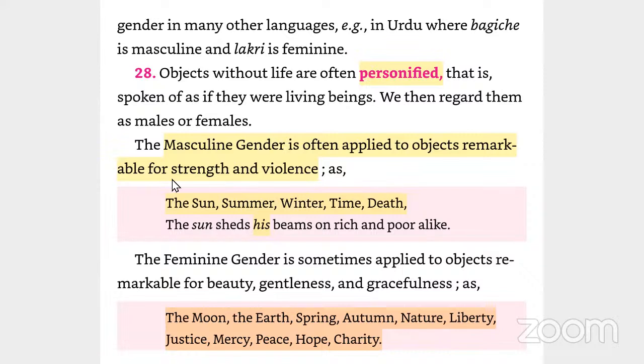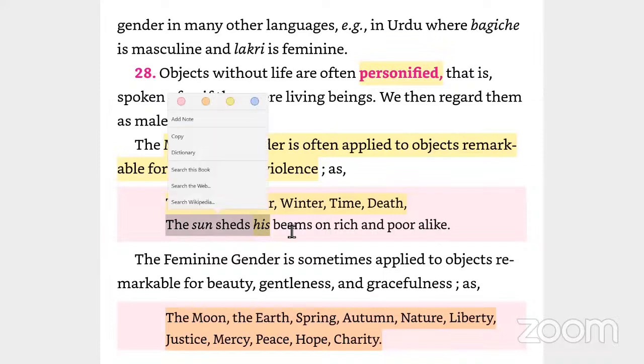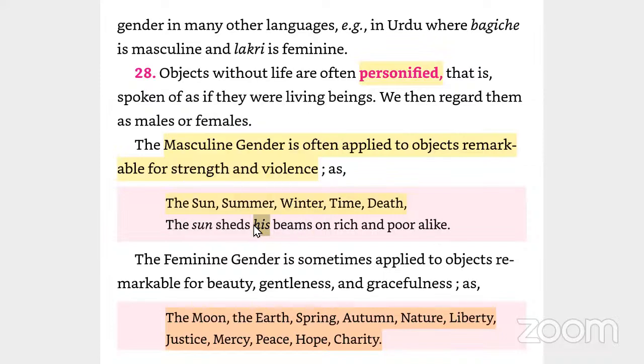So the writer has written, the sun sheds his beams. What is it? His beams. So the sun is now converted into masculine. Similarly, summer, we can use masculine because it is harsh, it is hot.